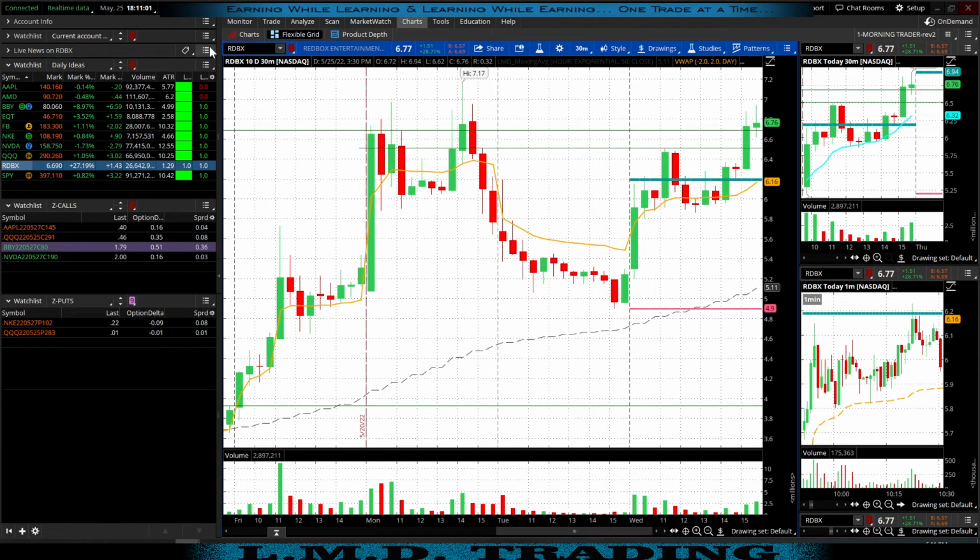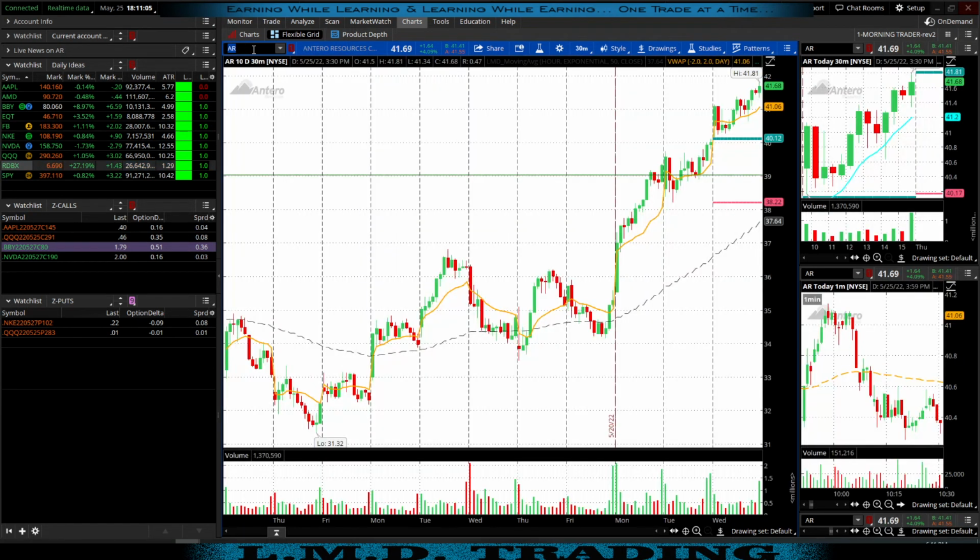I did take one on AR. Let's pull that one up real quick. AR, this one I took, swing trade. I want to say it was, yeah, right here. Took it right here. Tight stop.